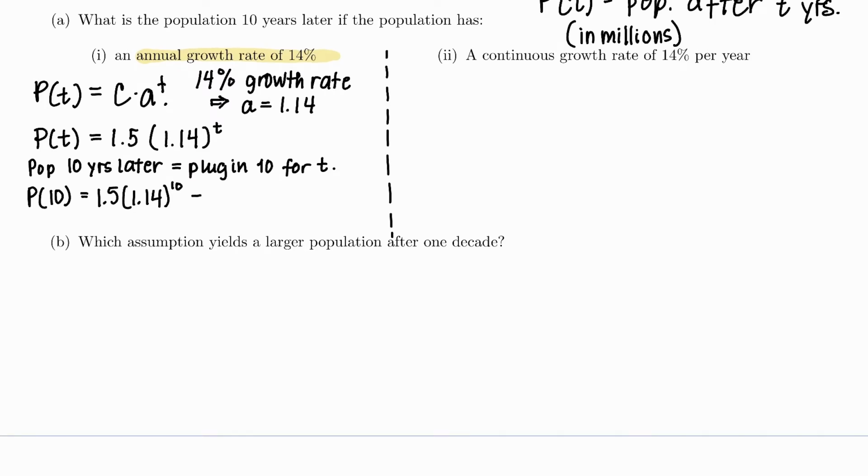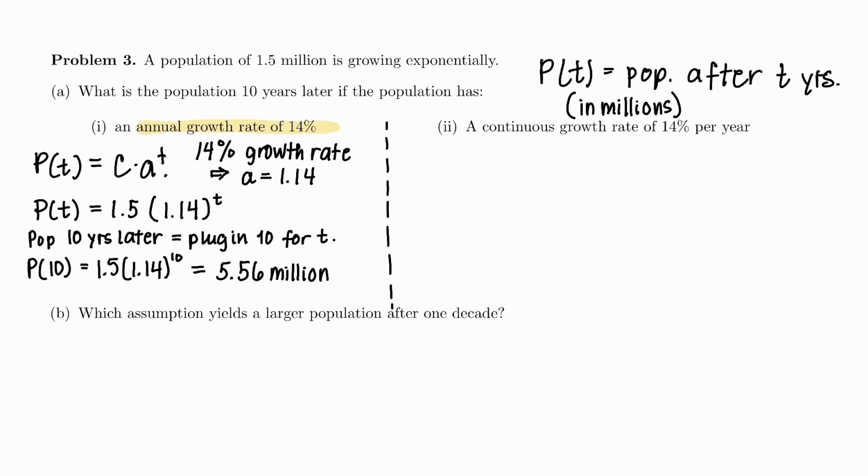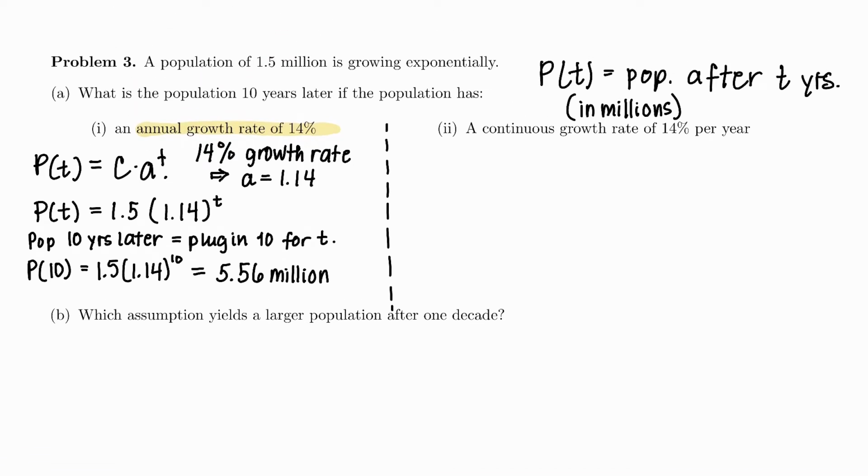And once you plug this into your calculator, you'll get about 5.56 million people. So after 10 years, the population has gone from 1.5 million to 5.56 million.